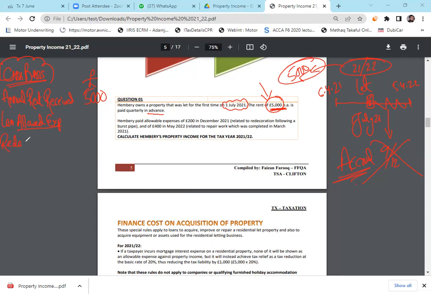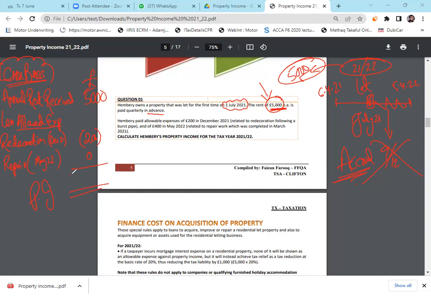Yes. Should I deduct it or no? Yes. Okay. What else? £400 won't be included, right? Why? You are right, but why? Because it was paid in May, after the tax year.